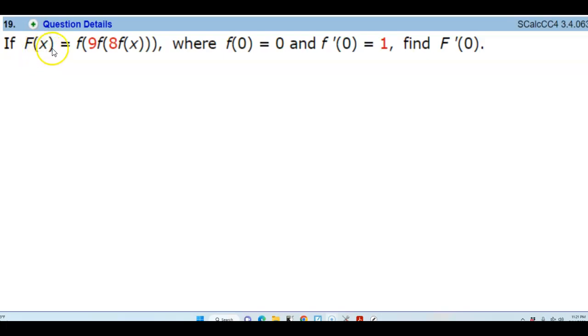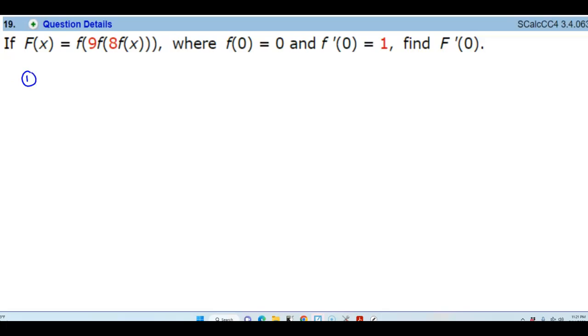If capital F of x is equal to lowercase f of 9 of f of 8 of f of x, where f of 0 is equal to 0 and f prime of 0 is equal to 1, find F prime of 0.